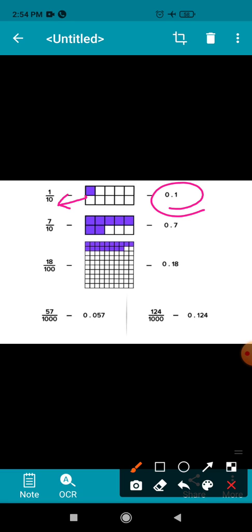Okay, and in the second figure you can see out of 10, 7 parts are colored. So the fractional number for this part will be 7 by 10, and the decimal number for this figure will be 0.7.